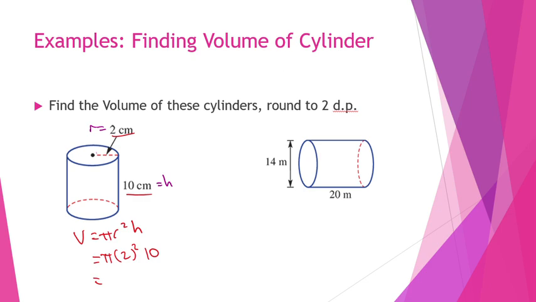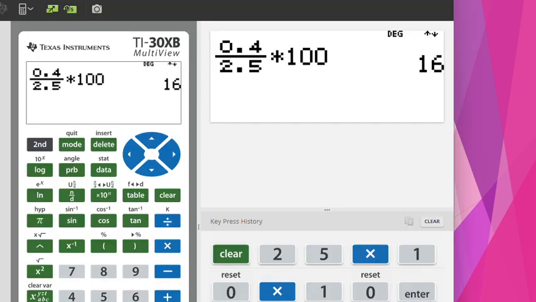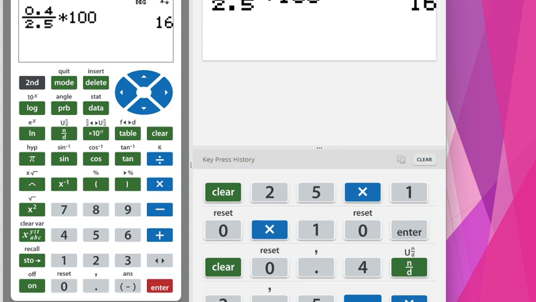If I type this out exactly on the calculator, it's pretty big, so I just have to make it fit the screen size.